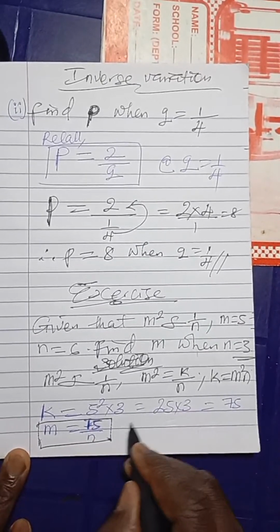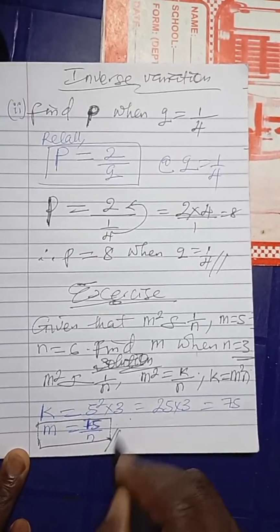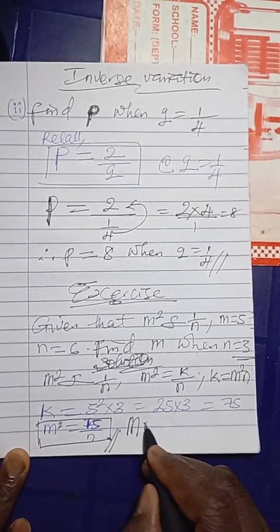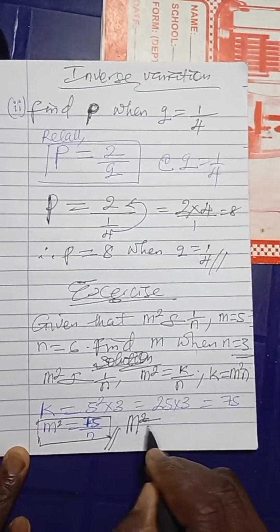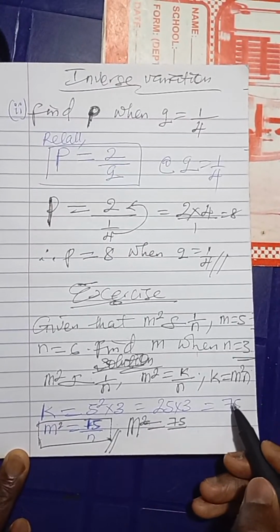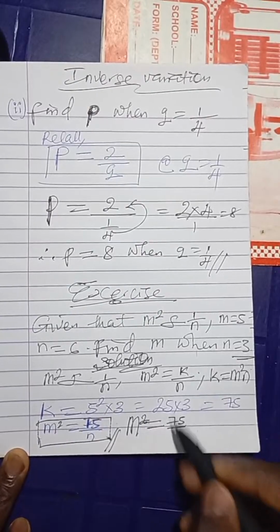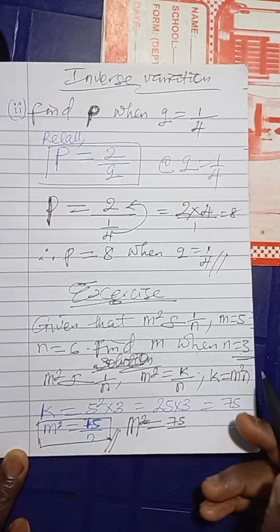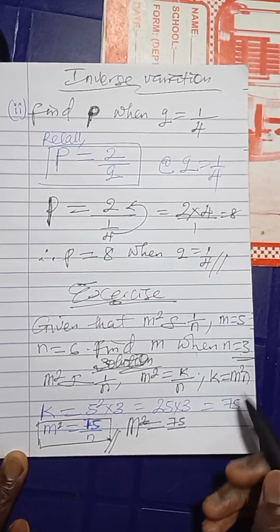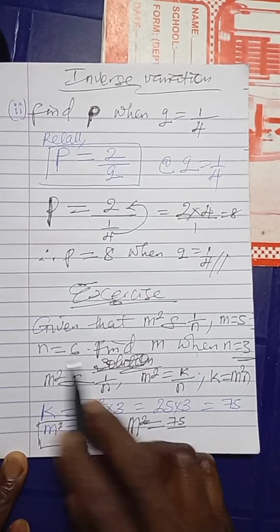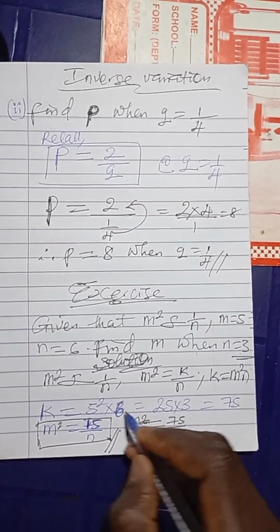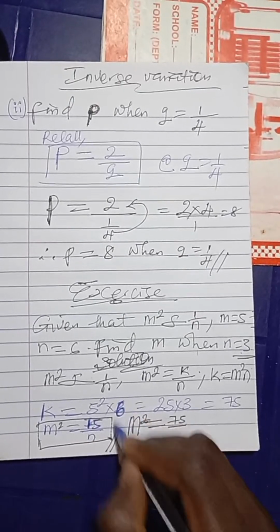Find M. M, please, this is M squared. So M squared is equal to 75 over what? Where is your N? What is the value of N? Oh god, there is a little mistake here. And our N is 6, so we have 6 here. Okay, please, sorry, this is 6 here.